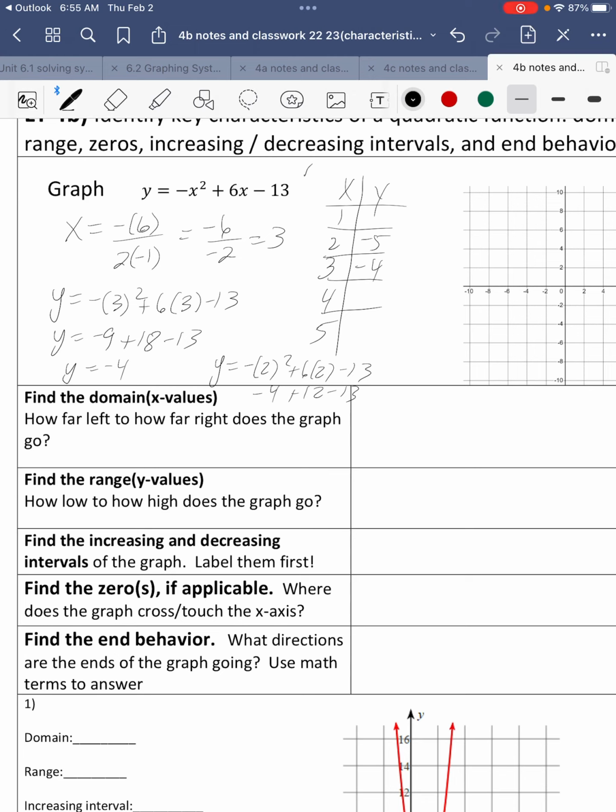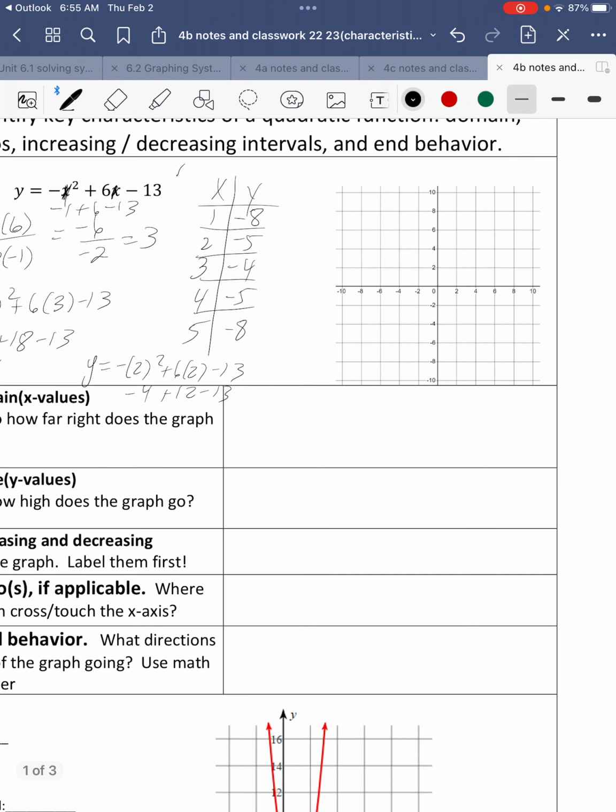And then substituting 1 in, we get negative 1 plus 6 minus 13, which is 5 minus 13, is negative 8. So we have 1, negative 8; 2, negative 5; 3, negative 4; 4, negative 5; and 5, negative 8.